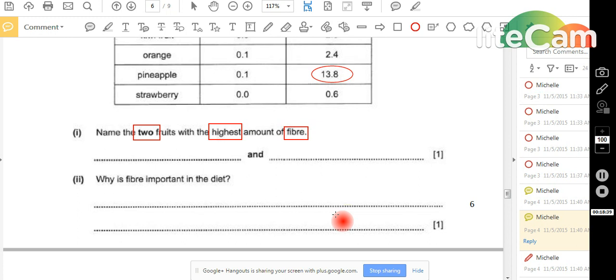So, is that alright? Fiber prevents constipation, just like that. Just like that is fine. What you can mention for a little bit extra is to say that the fiber assists with the peristalsis taking place, and that's why it prevents constipation. Okay. But having more than that is completely unnecessary. Okay.